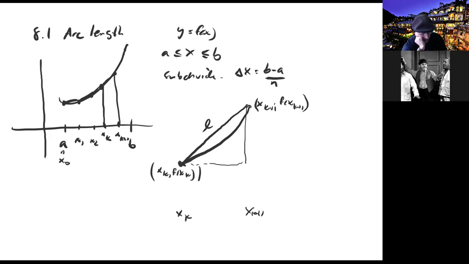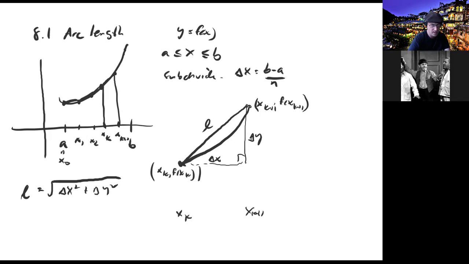I form a right triangle. Now the base of the right triangle is the difference between xk plus 1 and xk, in other words delta x, and the height is delta y. So L is the square root of delta x squared plus delta y squared. And that's an approximation to the length of the curve between those two subdivision points on the curve.